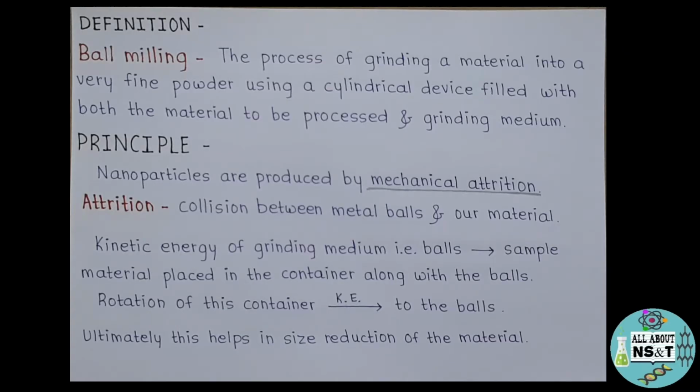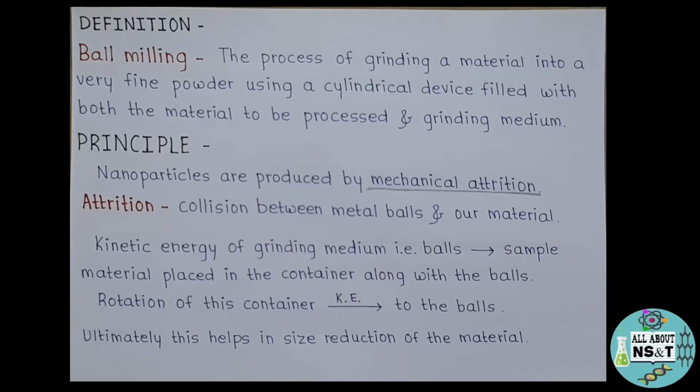But in ball milling, we make use of metal balls as the grinding medium, and that's why the name is derived as ball milling. In ball milling, nanoparticles are produced by mechanical attrition. Then you may ask, what does this attrition mean? Attrition is nothing but collision between metal balls and our material.